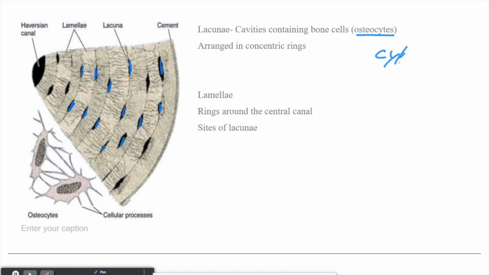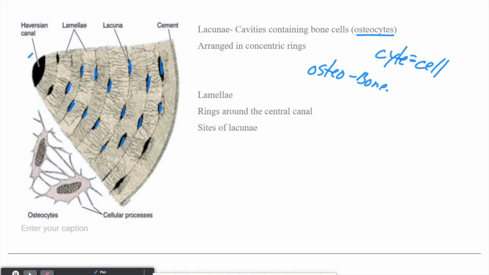Anytime you see cyte, it means cell, and anytime you see osteo, it means bone. So bone cell, osteocyte. Erythrocyte is a red blood cell. A hepatocyte is a liver cell. But these lacunae here are going to be the things that hold and produce new bone cells.